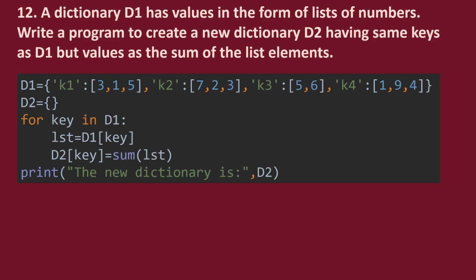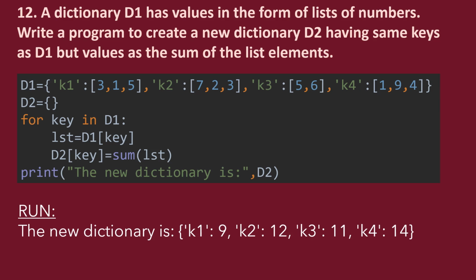So the values present in lst have to be added with the help of the sum function, and that will be assigned to the key part of dictionary 2. D2 of the same key will be assigned, and the values will be the sum of the values present in the list. Then you can print the new dictionary is D2.